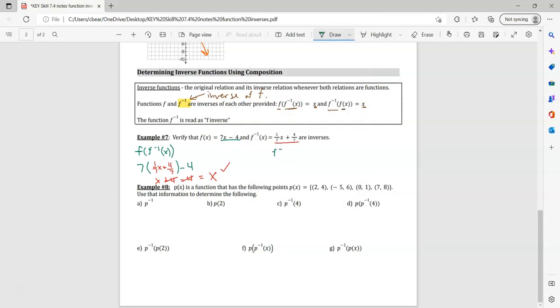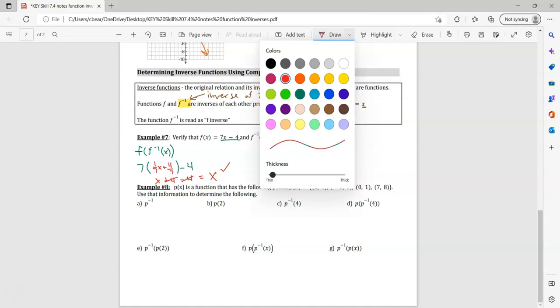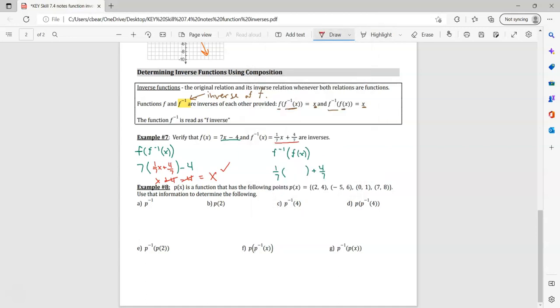If I did f inverse of f of x, well, my f inverse function is 1/7 something plus 4/7. And I'm going to replace that something, the input, with what f of x is, which is 7x minus 4. And then I'm going to distribute.